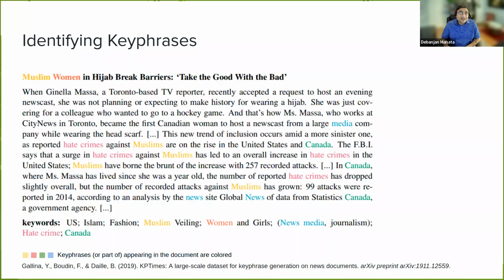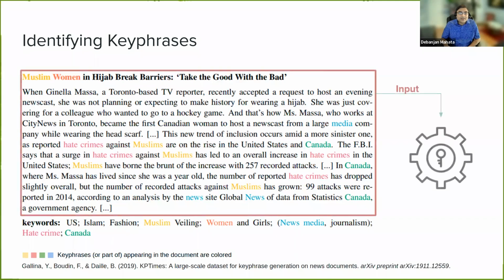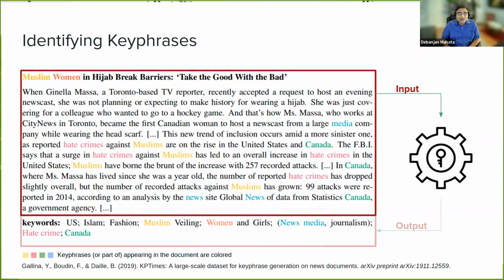Now this is another example from a news article, and it has a lot of keywords. If you look at these keywords, you get an idea that this news article is probably about Muslim women and girls, and some kind of hate crimes committed against them, probably in Canada.